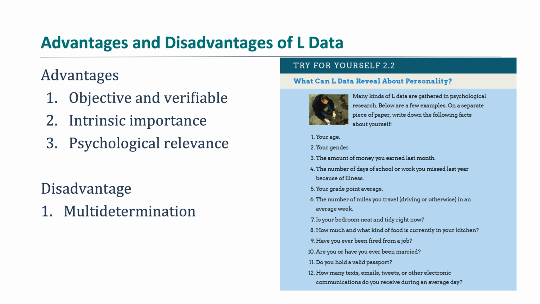So a genetic illness that doesn't necessarily impact your personality, but it still matters, or your parental attention, or environmental toxins, right? All of these can be things that bleed into those L data that you might see. So determining the connections between L data, that life data, and personality can get tricky, right? And that's kind of a problem.